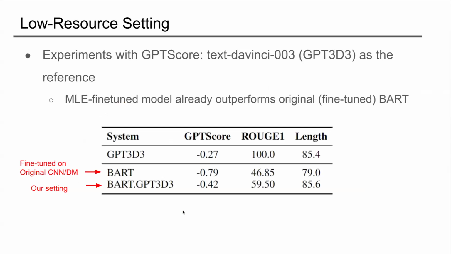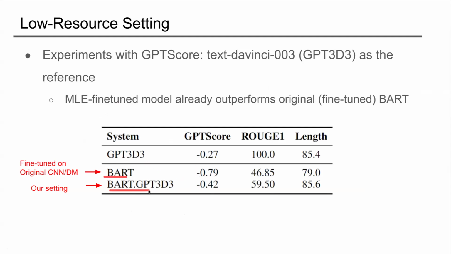So the first experiment we did was using GPT score as evaluator, and we compared the BART model, which is the original BART, with GPT-3. And we can see here that the performance is much worse compared with GPT.